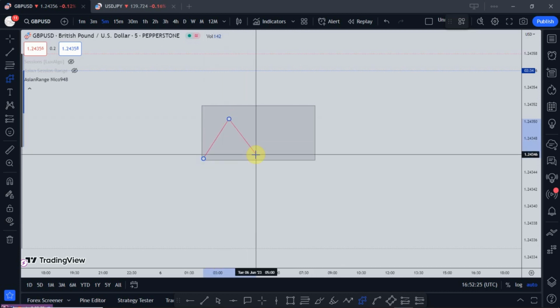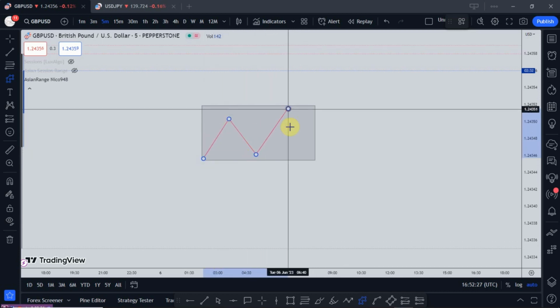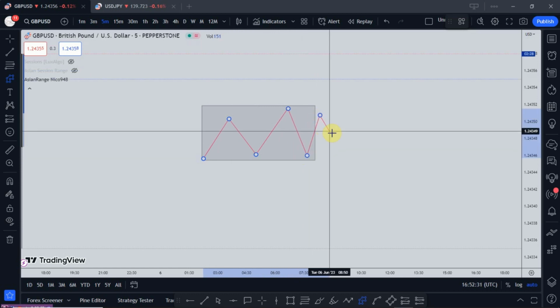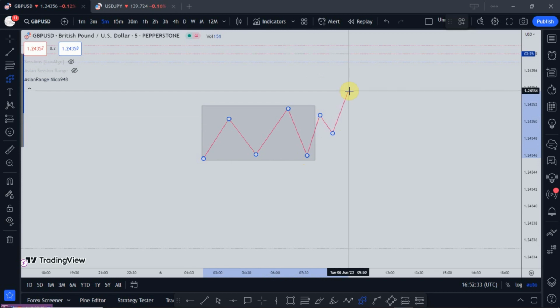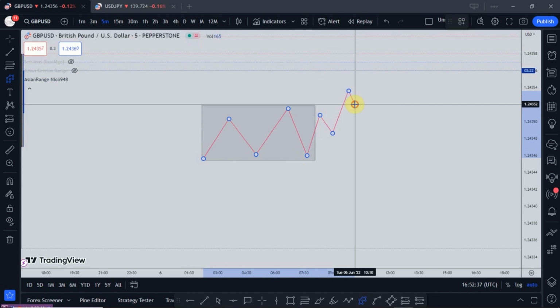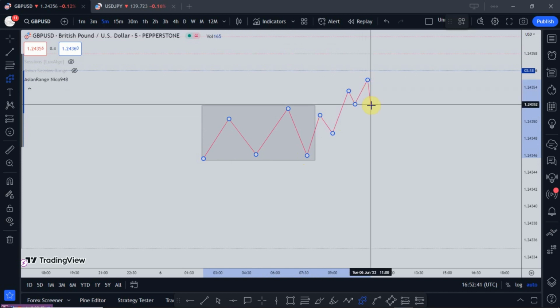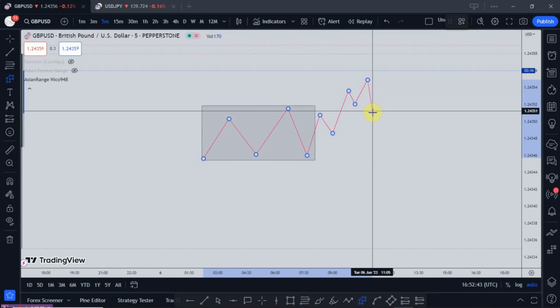It's a range, so price is just trading inside it. Now price trades outside and goes to take the Asian high first. After taking the Asian high, price is going to give you some kind of price action. What I want to see on the time frame is this.